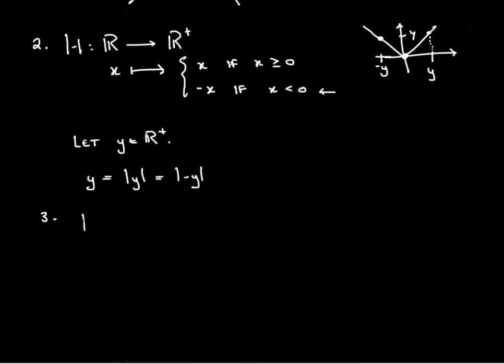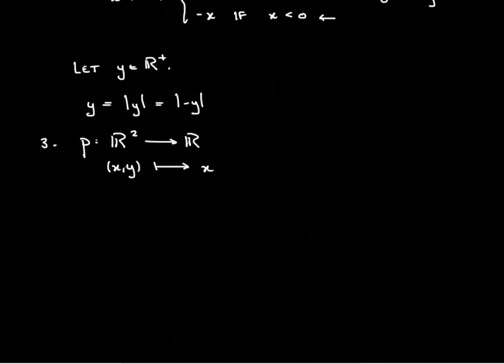In any case, for the third example, we can talk about the projection of R2 onto simply the set of real numbers. So we would send a pair (x, y) to simply x. We can take an arbitrary real number x, and we can write this as x is equal to p of the pair (x, 0).